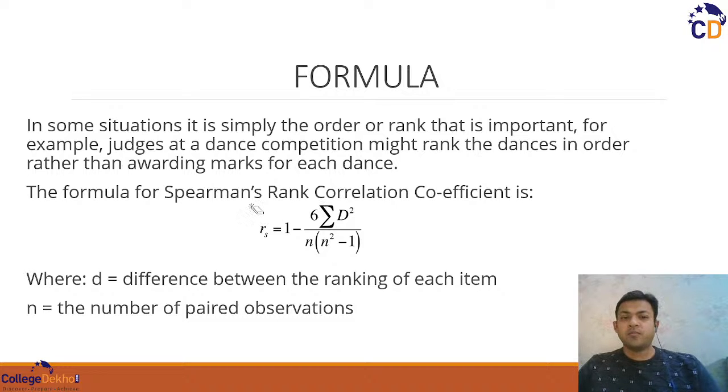The formula for a normal case of rank correlation is R, the rank correlation value, equal to 1 minus 6 times summation of d square over n times n square minus 1.